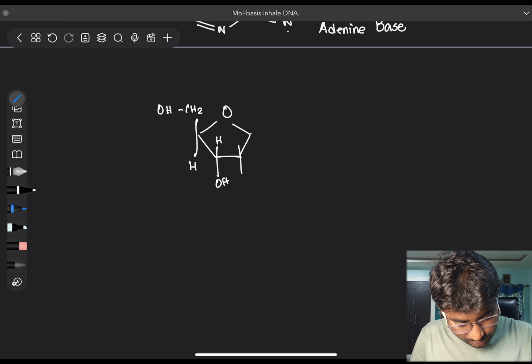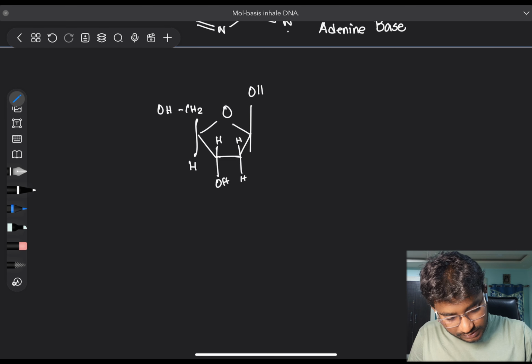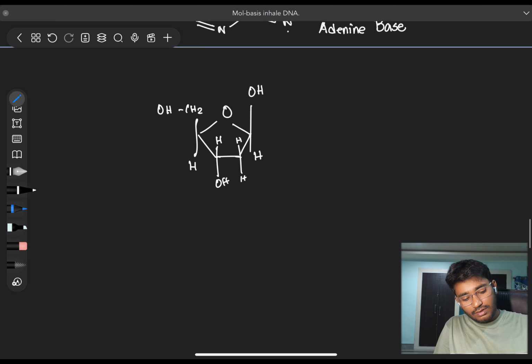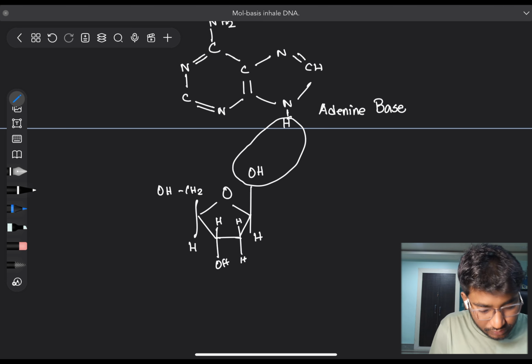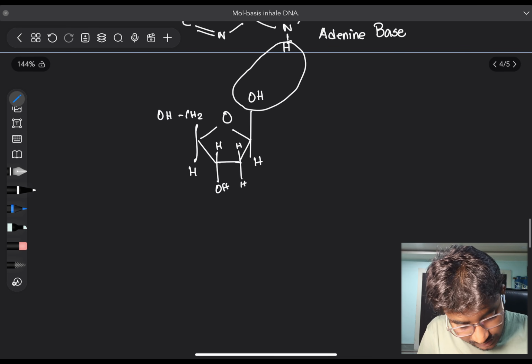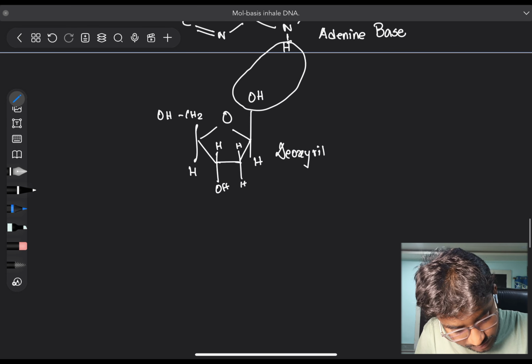Here it is hydrogen and hydrogen, and here the OH group is there, and this carbon consists of hydrogen. Now here, one hydrogen is removed from this oxygen of the OH group, the hydroxyl group, and thus it makes deoxyribose sugar.